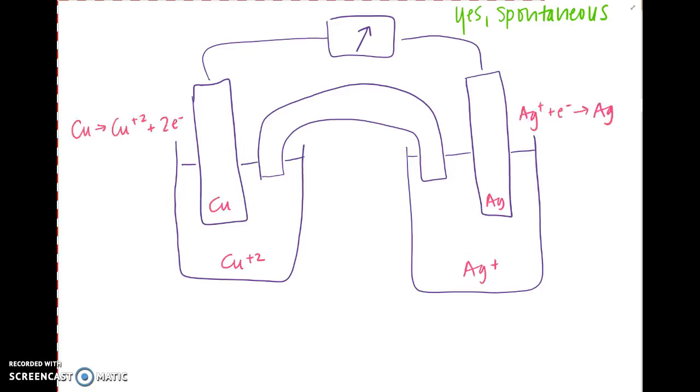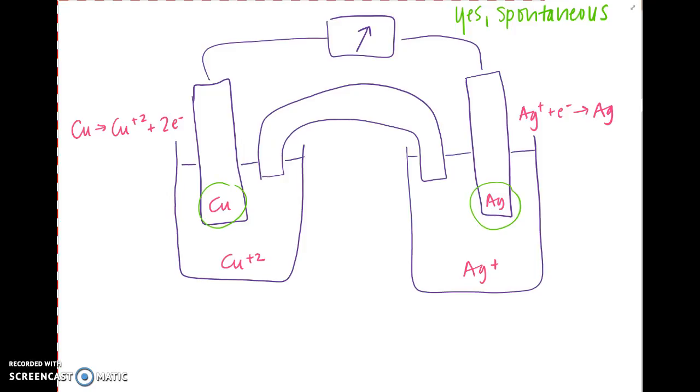So I wrote down the two reactions. I separated it into the two half reactions, which you should have already done also. And then I labeled my electrodes. These are my electrodes. You can label your electrodes as a cathode or an anode, but it depends on which reaction is happening where.